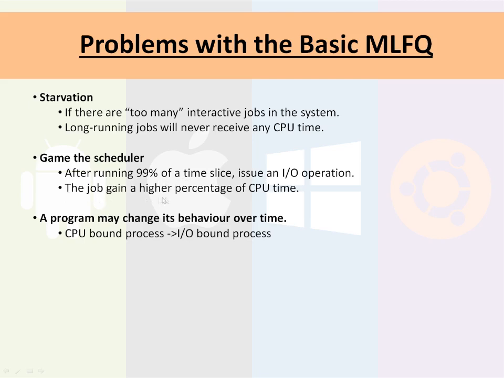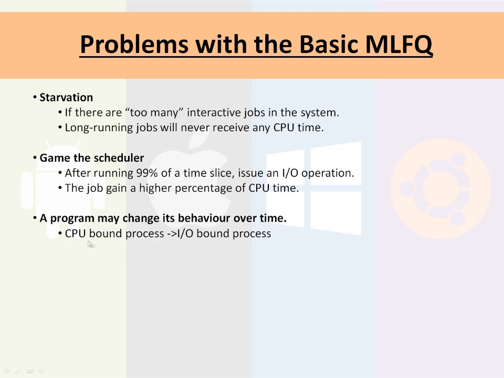And this job will then gain a high percentage of the CPU time. So what you could have is a very long running job, but every 1% of the time, just before the time slice ends, issue an input-output operation, and then you stay in the high priority. So that's called gaming the scheduler. And then the third one is, well, the program may change its behavior over time.